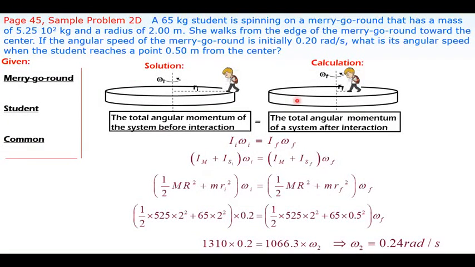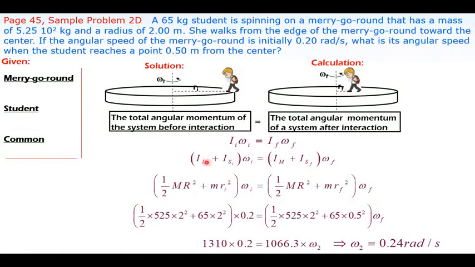Because the merry-go-round is a rigid object, its shape is not changing, so the same moment of inertia applies. For the student, the equation is the same, but the radii are different. Initially the student is at a longer radius, finally at a shorter radius. So I write I student initial and I student final.